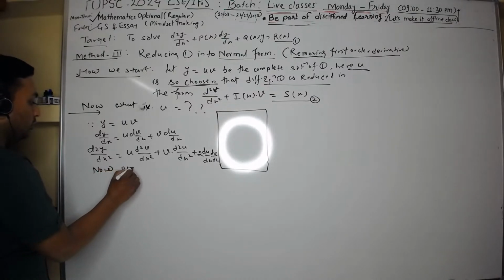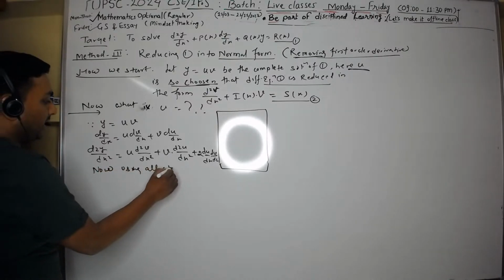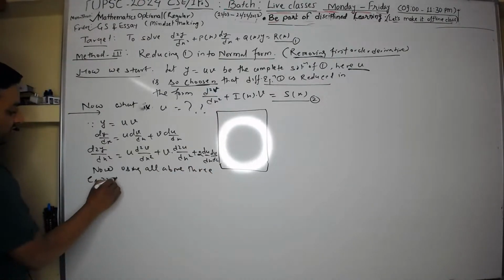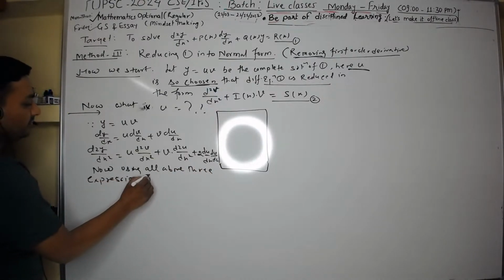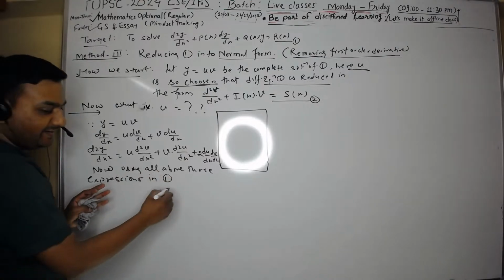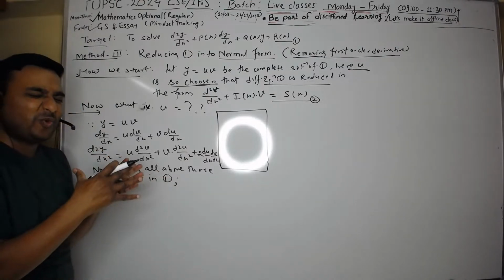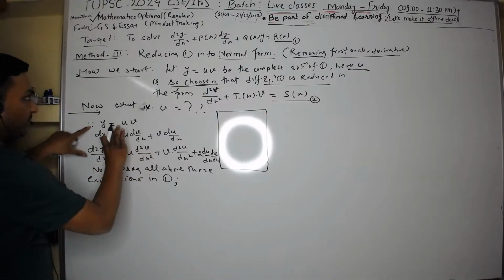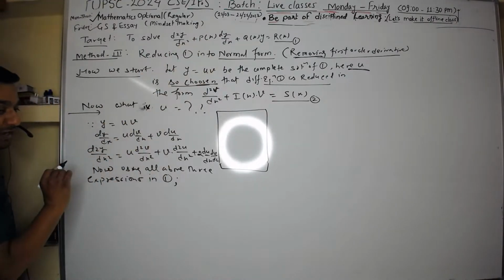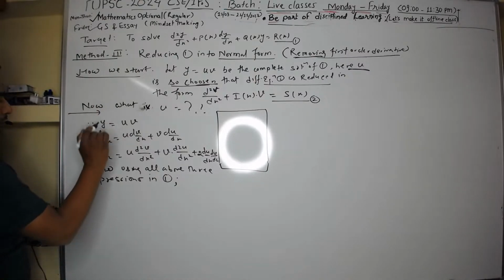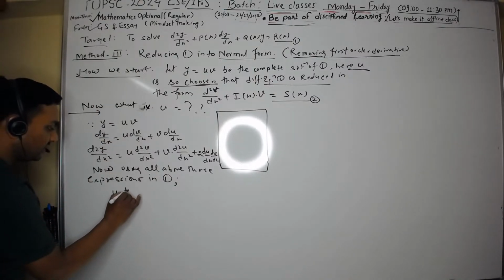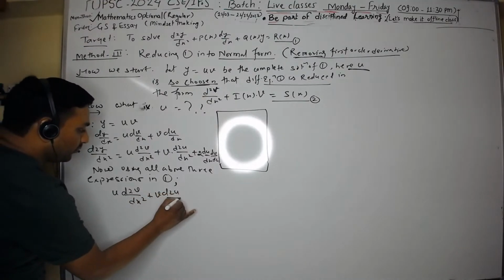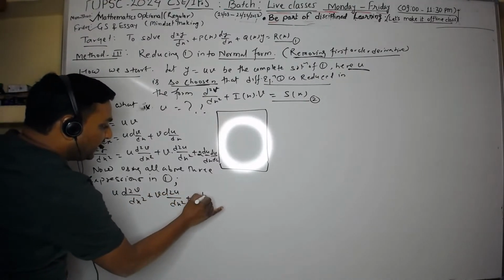Now using all the above three expressions in 1, see how the process is so easy. If I use these expressions in 1, what will we have? d2y over dx square means, right?